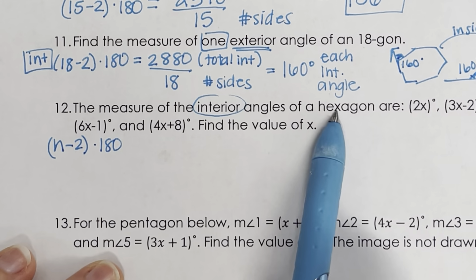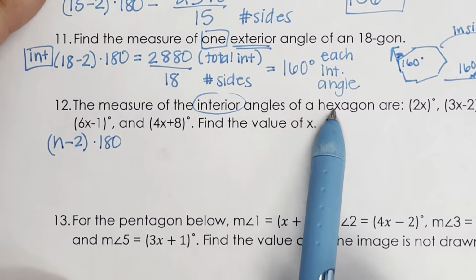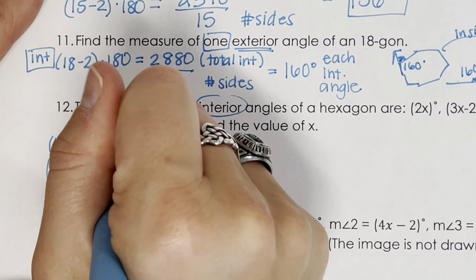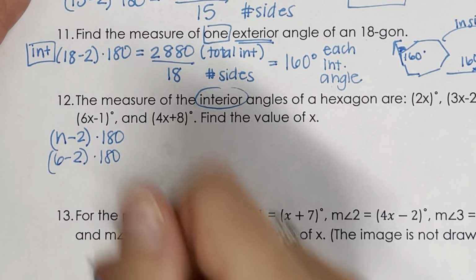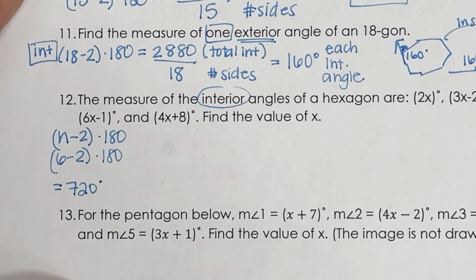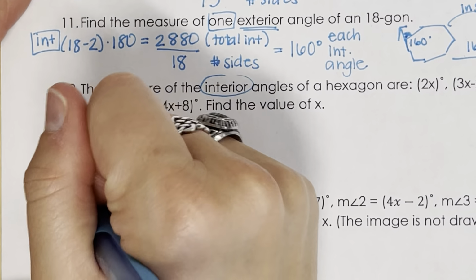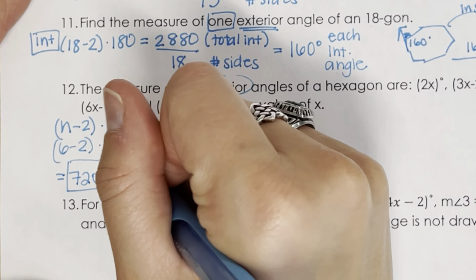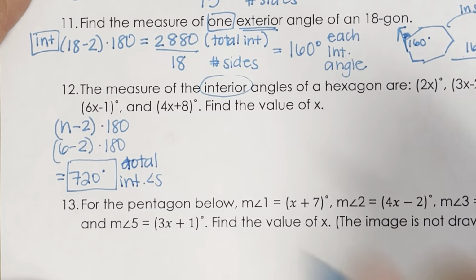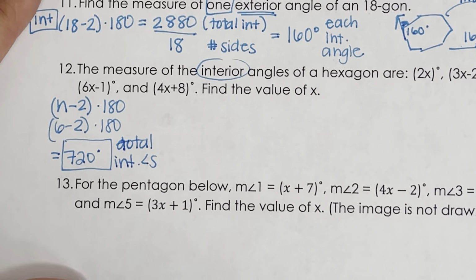A hexagon has 6 sides. 6 minus 2 is 4, and 4 times 180 is 720. So all of my interior angles should add up to be 720.